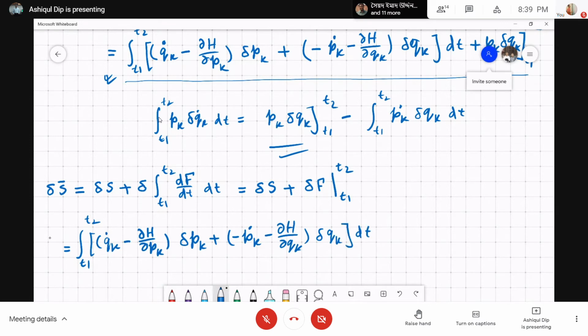And then the boundary term, the last term, that is plus pk variation qk evaluated at t1 up to t2, and then we have this f part. Is the last term 0? Yes, it's 0, but we are not writing it explicitly. We are going to use that actually. So we are trying to make use of that 0 part.